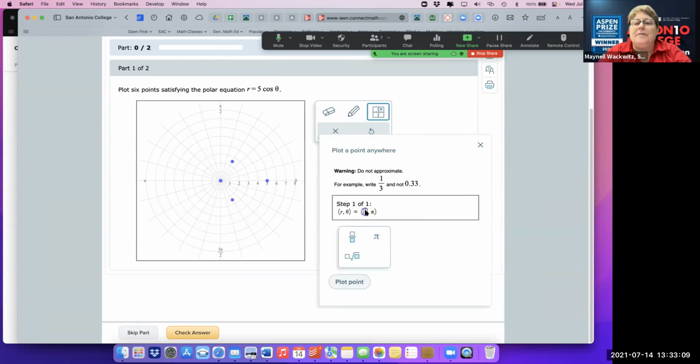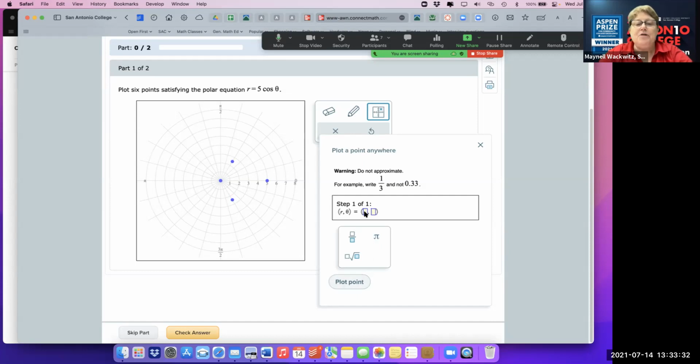And what will r be if theta is pi? What is the cosine of pi? Cosine is -1, so times 5 will be -5. How many points are they going to require?